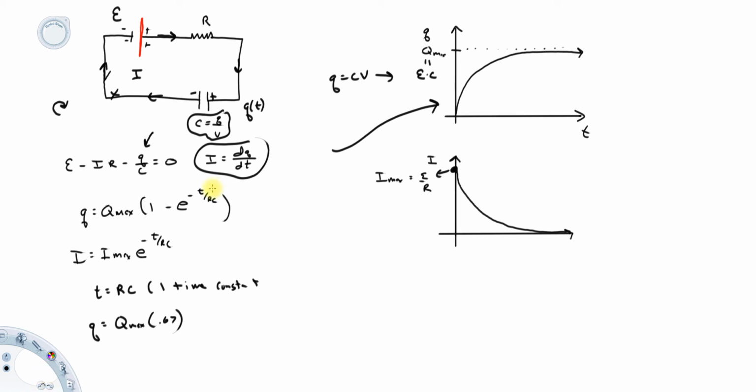One thing you'll notice is this term right here. If you're going to take e to a power, that power needs to be dimensionless. It doesn't make sense to say e to the 2 seconds, which implies that the product RC has units of seconds, and it does. The product of R times C is called the time constant for the circuit.